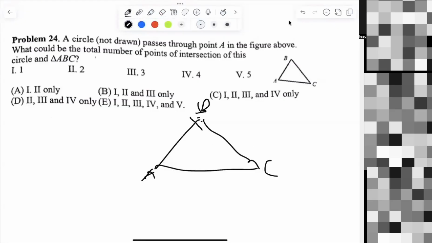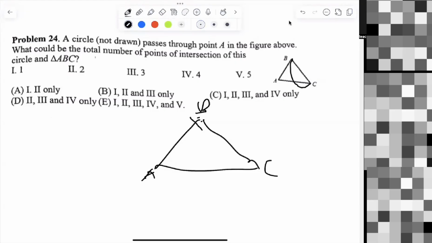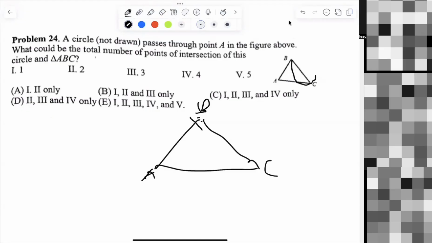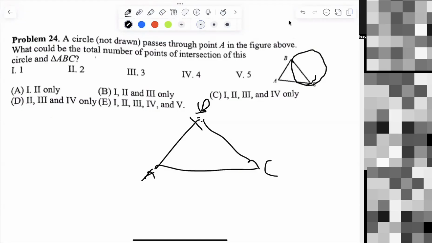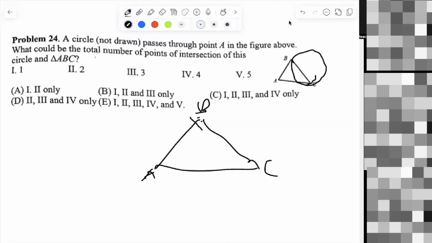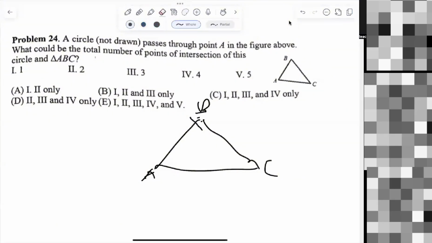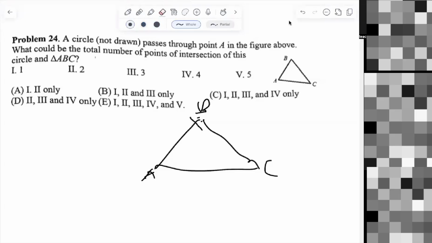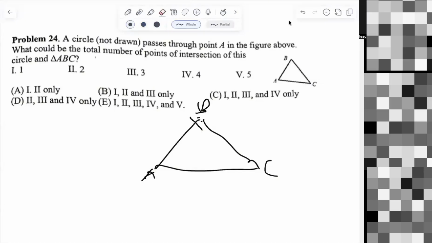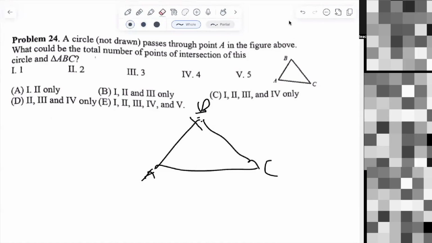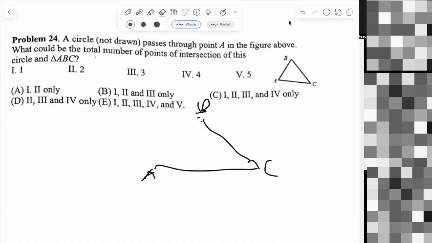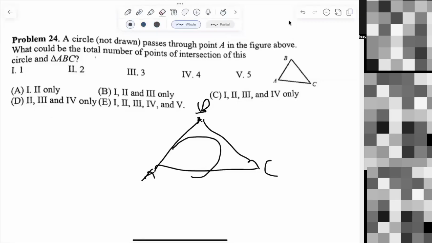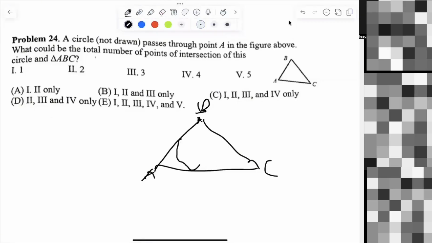Because the angles are different in each triangle, it's pretty much possible to do this. We can just do this. It's pretty much possible to do it. Another construction is like this. That's one way. We can do it on the inside where it's tangent to all 3 sides.